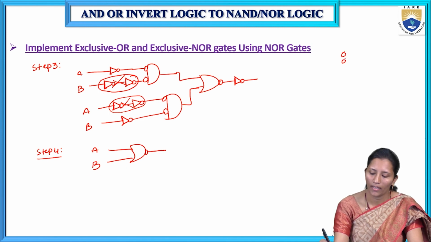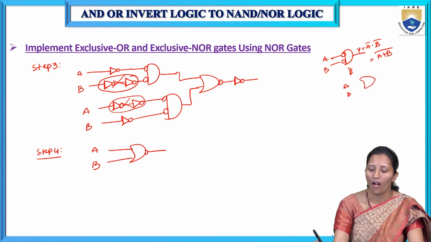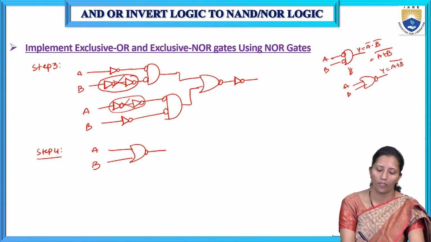Bubbled AND gate is nothing but A, B, Y is equal to A bar dot B bar, that is nothing but A plus B whole bar, which is equivalent to NOR. So bubbled AND is nothing but NOR gate.